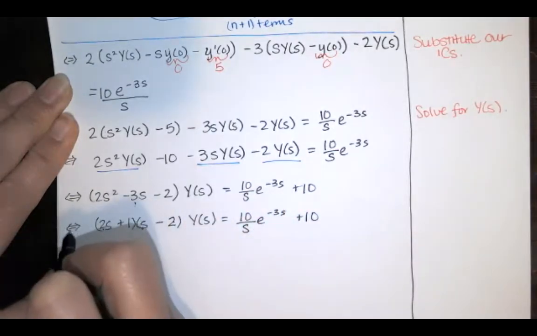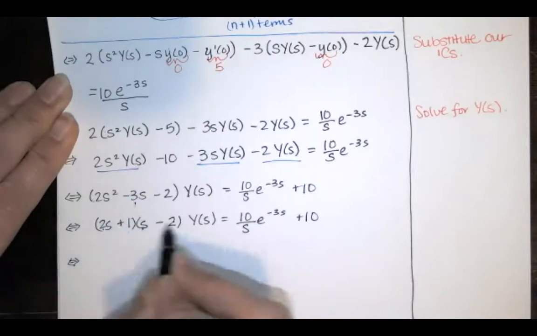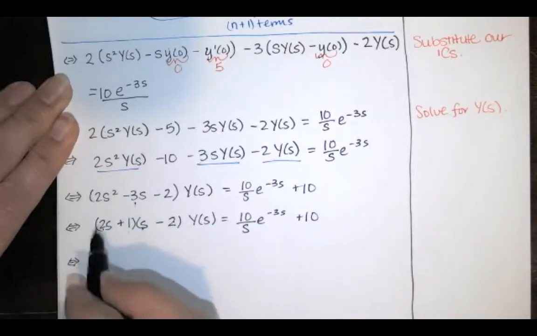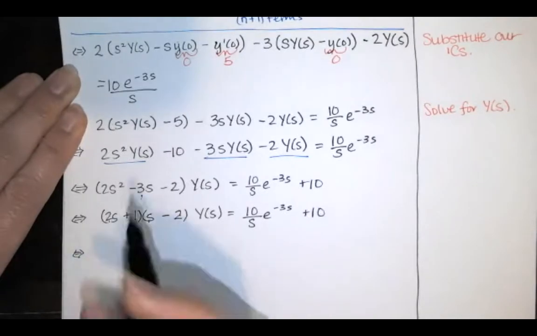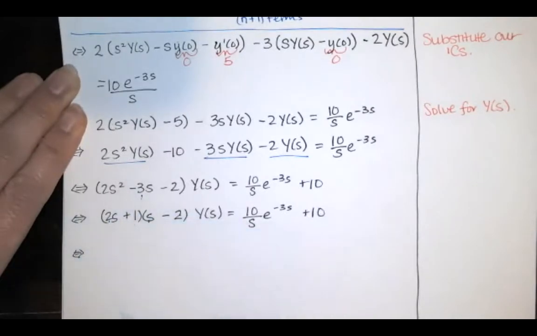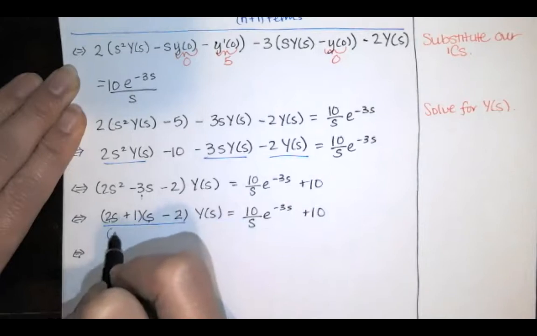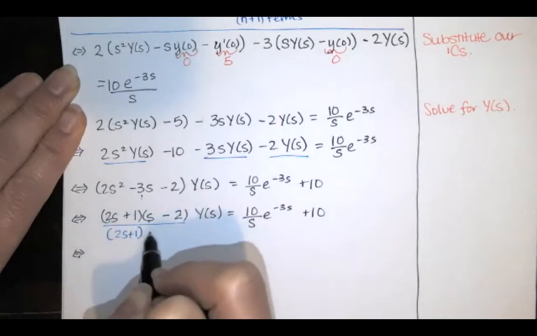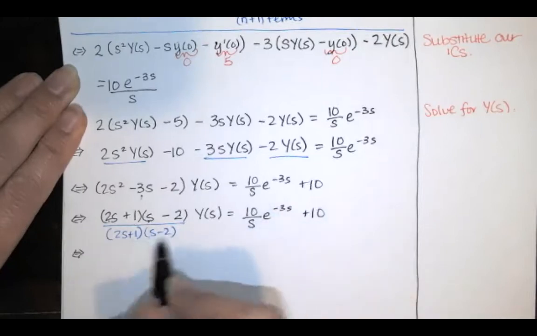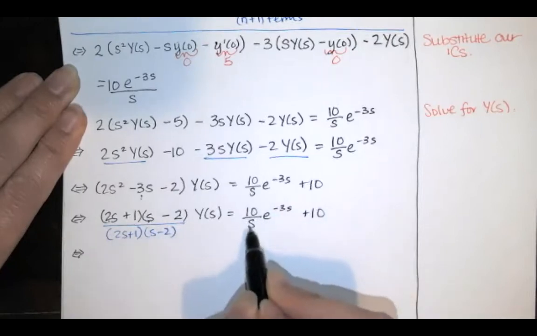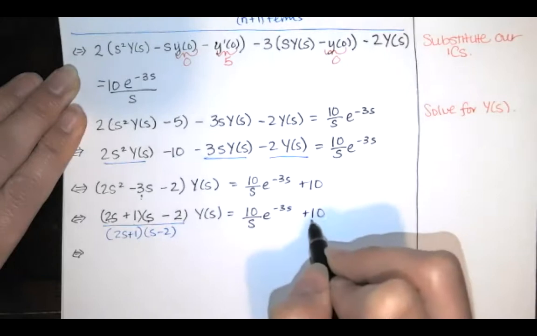Now, if I want to get y of s by itself, I can divide both sides by this expression. But remember, dividing both sides by this is the same as multiplying by 1 over that. Remember, dividing by 2 is the same as multiplying by 1/2, right? So when I divide both sides by the quantity 2s plus 1 times the quantity s minus 2, this is going to be a product in the denominator here and in the denominator over here.